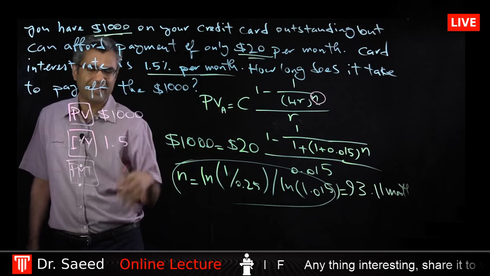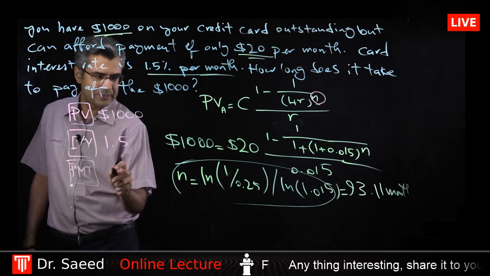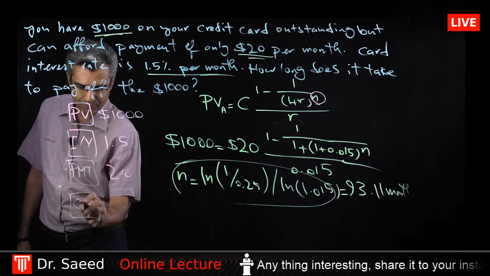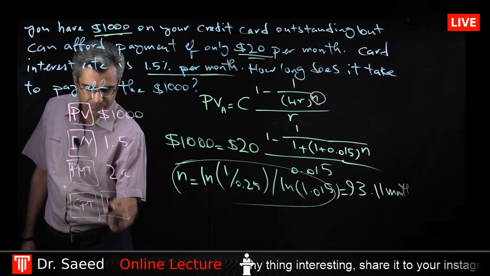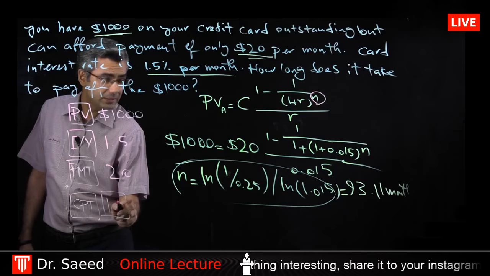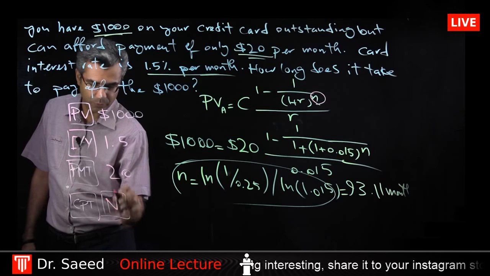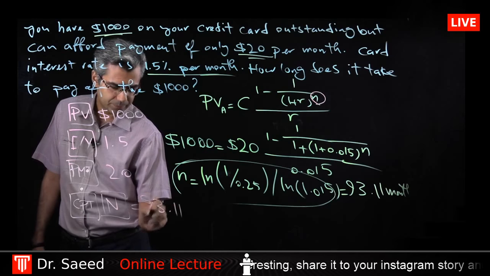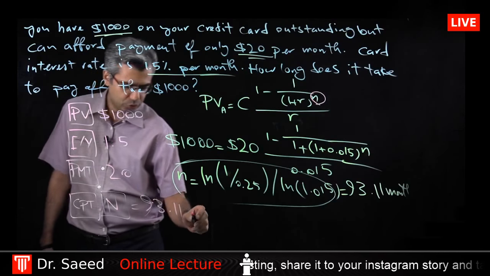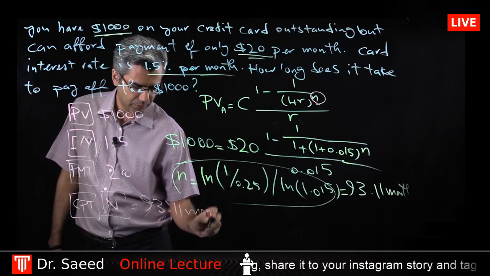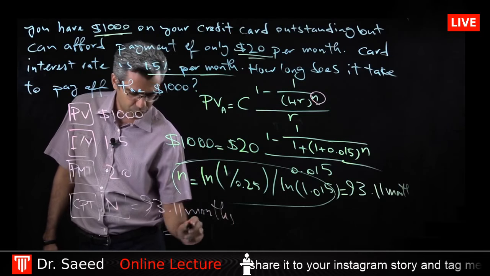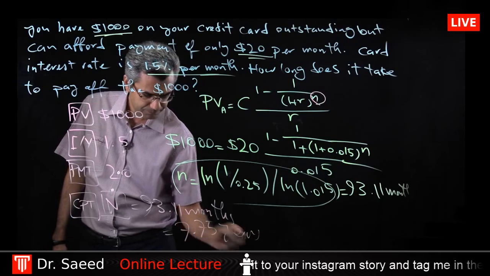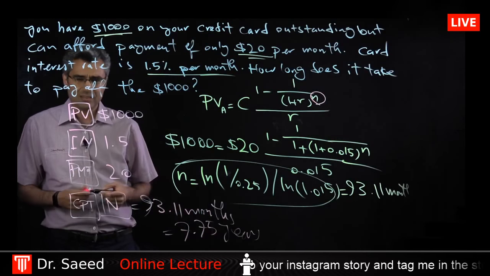It's cash flow or payment, so it's 20. Then you press compute and n. We want to compute n, and then you will get 93.11 months, which means it's 7.75 years, right?